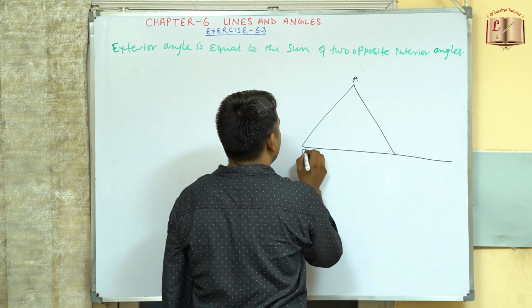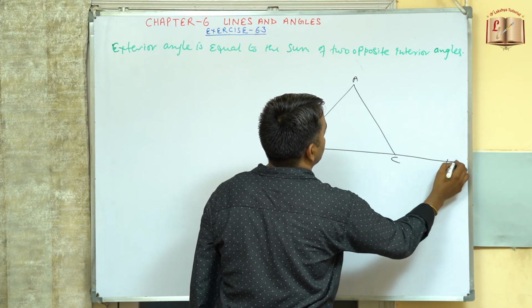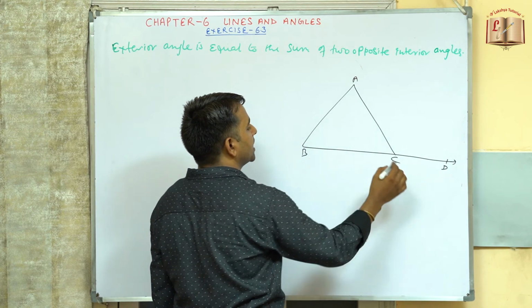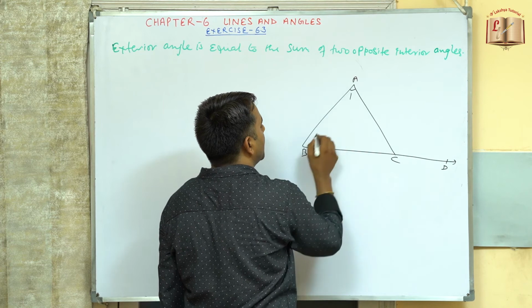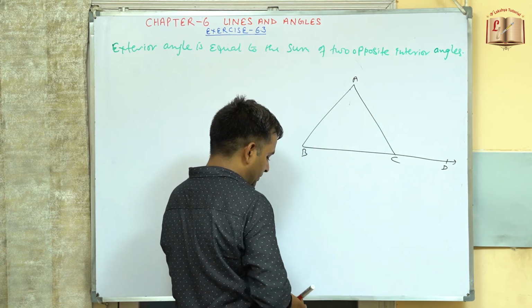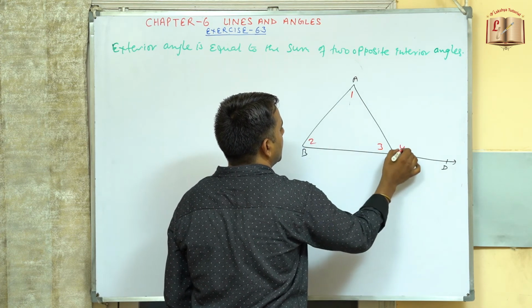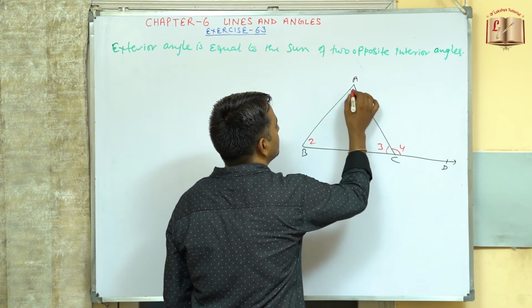This is A, B, C and suppose this point is D. We have extended BC. Now we can mark these angles: suppose this is angle 1, 2, 3 and this complete angle is 4.